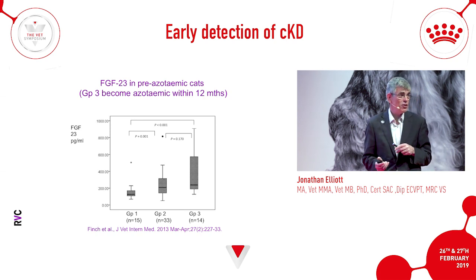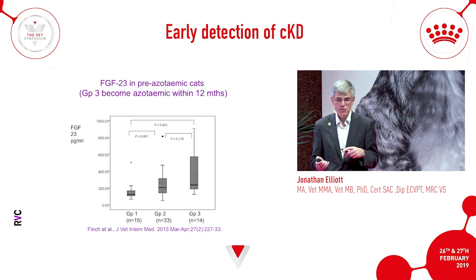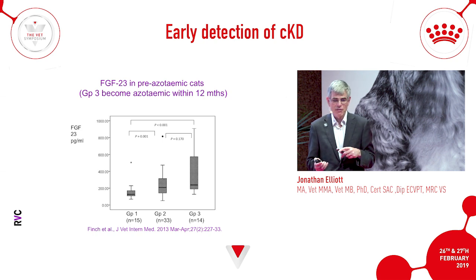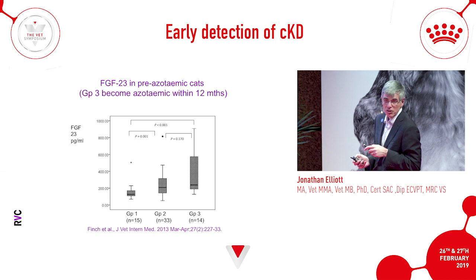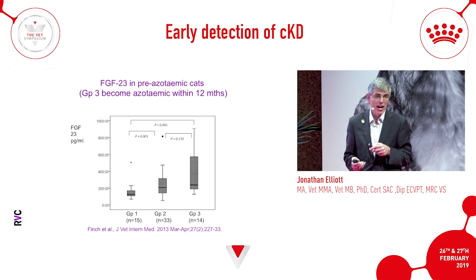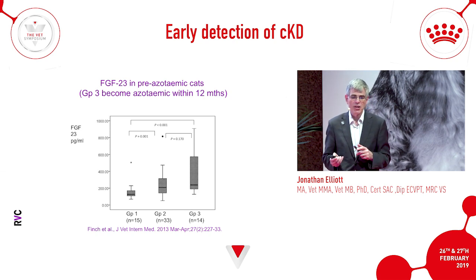And you can see that the FGF23 increases in proportion between those three groups, and is significantly different from the group that remains completely normal. And look at the distribution here. Most of these cats, in fact all of these cats apart from one, had an FGF23 below 300 picograms per mil.